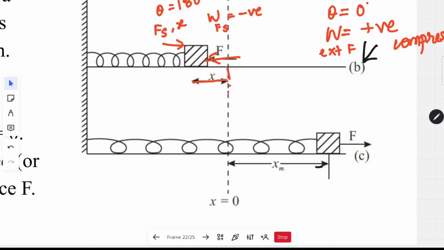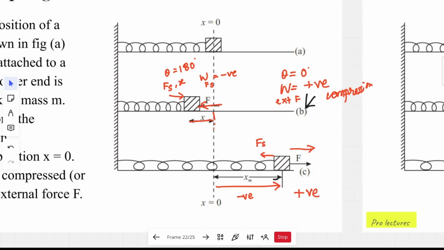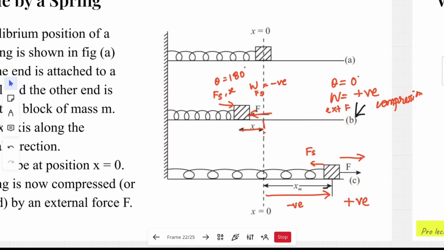When the spring is expanded, you are applying the force in the right direction and the displacement is also in the right direction, so the work done by the external force is positive, whereas the internal force Fs is opposite to the direction of displacement, so the work done by the spring force is negative. So when it comes to work, you have to be careful about which force we are speaking about.